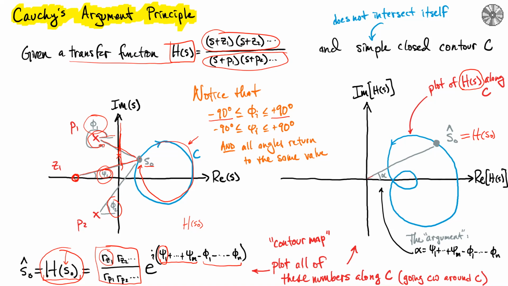The magnitude is this distance from the origin. The phase alpha is going to be changing as S0 moves around this contour, and alpha is just given by the sum of the zero angles minus the sum of the pole angles. Again, these are going to be changing as S0 changes. What ends up happening is that this is going to wind around, but it's going to eventually return to where it started, because that's what all of these angles do.